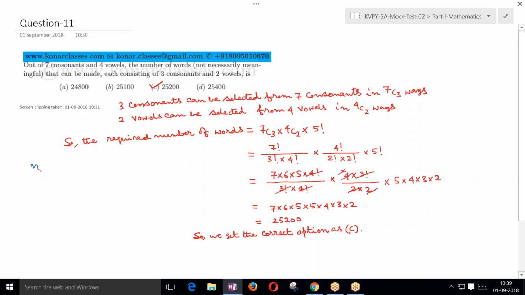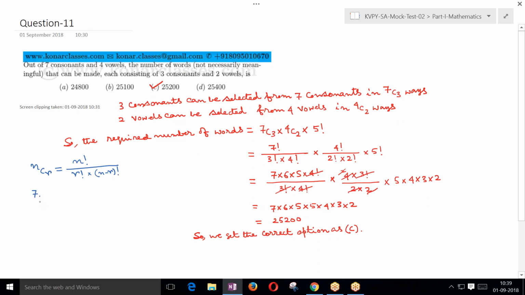So nCr means selection of r distinct objects taken from n distinct objects. Its formula is n factorial divided by r factorial into n minus r factorial. That is the formula. Now let's resemble it with our example here.